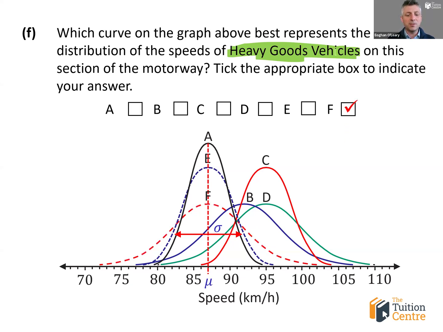Other people might suggest the average will be 87 and the standard deviation will be 5. However, you could make a case for other possibilities, and they were allowed for in the marking scheme as well. So you can check the marking scheme to see how many marks you get for your answer. I think that's a nice question because it gets you to think about the speed and the standard deviation of these different types.